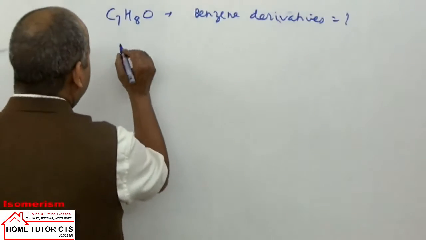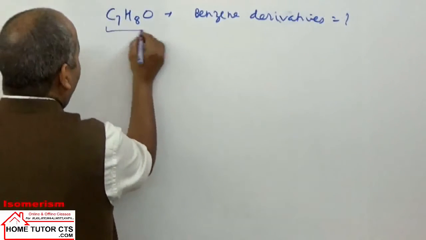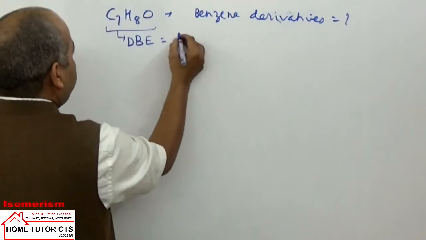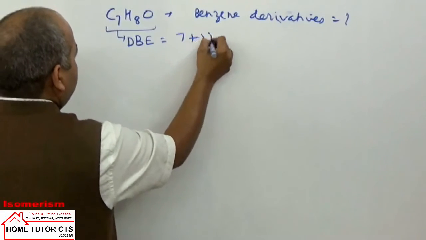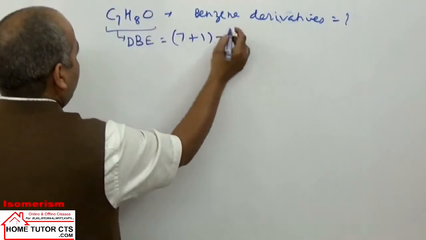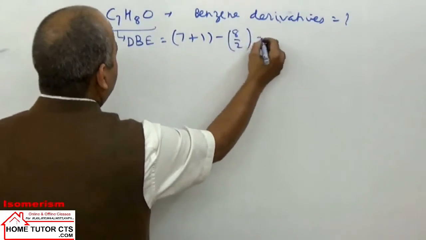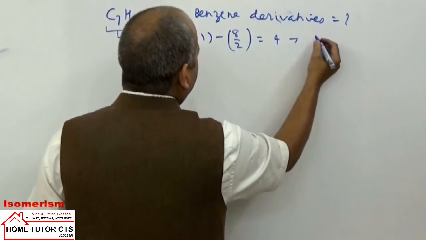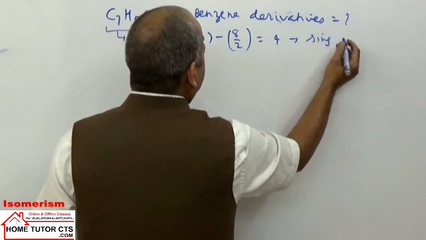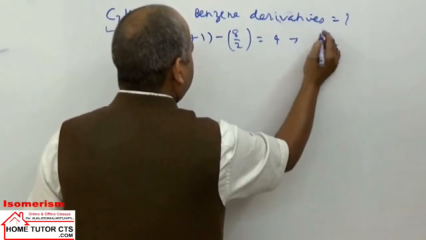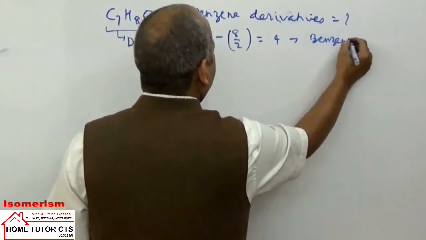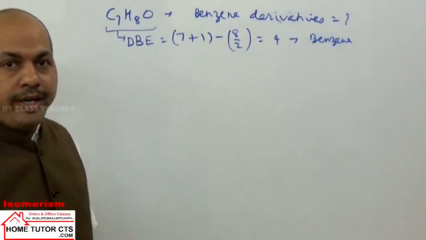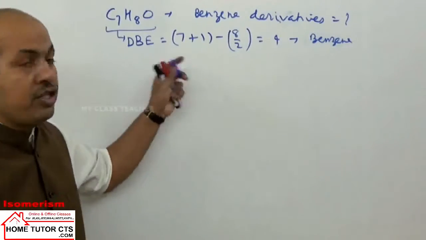For the solution part, see what: this compound has how much double bond equivalent first? How much will come in this? 7 carbon plus 1 minus 8 by 2, 8 minus 4, 4 indicating only a single benzene ring, meaning only a benzene ring, and the compound has no extra ring or no extra double bond outside the benzene ring.